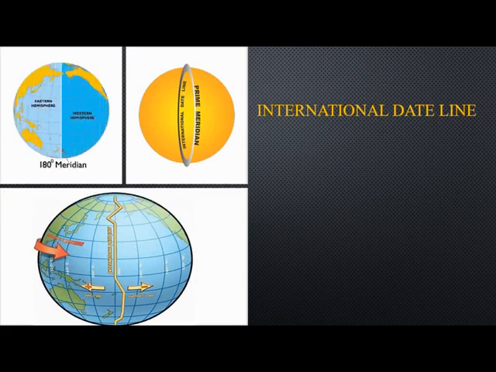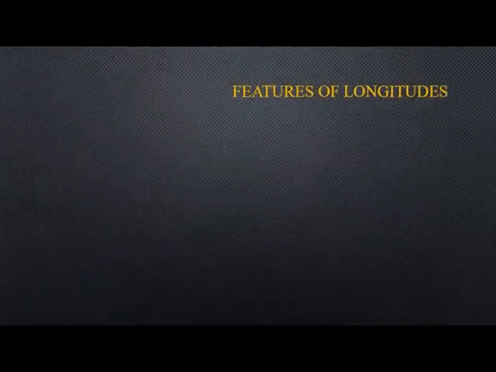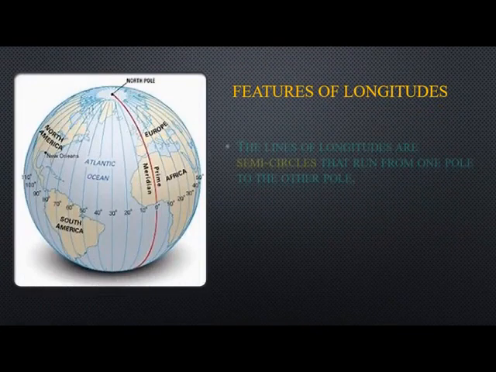International date line. The 180 degrees east and 180 degrees west longitudes meet and form a single line on the opposite side of the world called the 180 degrees longitude or the international date line. Features of longitudes.